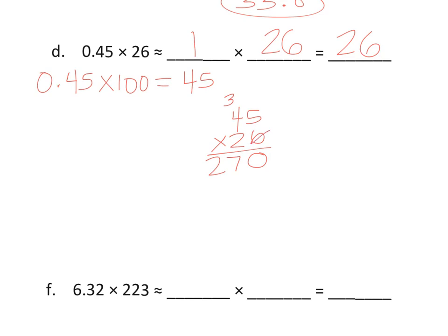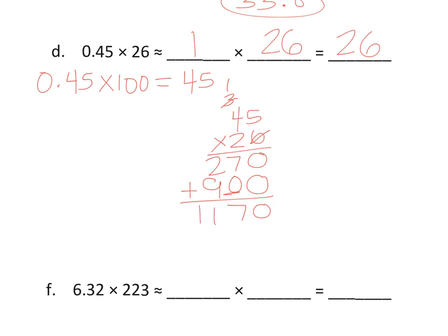Cross off the 1s and 26 and the number up on top. 0 placeholder, and I'm starting with the 10s. So 2 times 5 is 10. Carry your 1, bring down your 0. 2 times 4 is 8, plus 1 more is 9. So let's go ahead and add those quickly up. We get 0, 7, and then 2 plus 9 is 11.